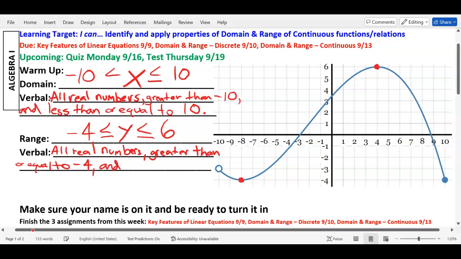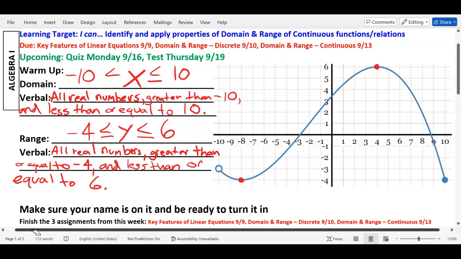And now we have to write less than. It is less than a number. But this inequality is also underlined. So it's not just less than, it's less than or equal to the right number, which is 6. Period. All your numbers greater than or equal to -4, less than or equal to +6.